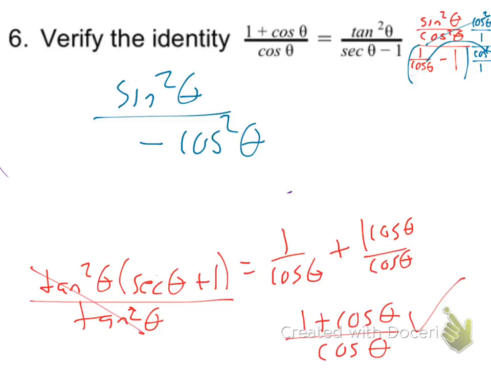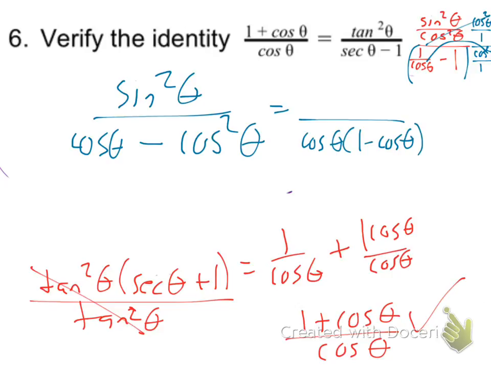This becomes a cosine theta, because the cosine squared and the cosine cancel to be cosine. Can you guys see that I could factor out a cosine of the denominator? I'm trying to think if I want to. No, I do not want to. Yes, I do. That'll work. So this would be cosine theta of 1 minus cosine theta.